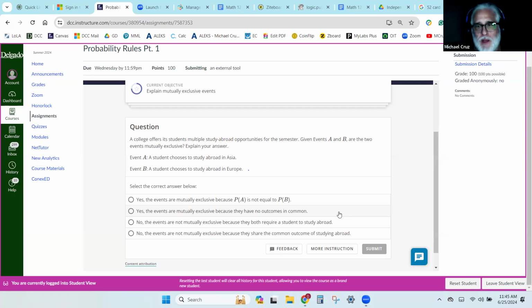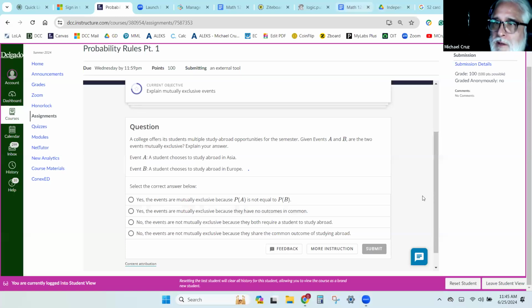So probability A is the probability of studying in Asia, and B is the probability of studying in Europe. And they're mutually exclusive. Okay, so yes, the mutually exclusive. I'm thinking they're not, but let's just look. Yes, the events are mutually exclusive because probability of A is not equal to probability B.